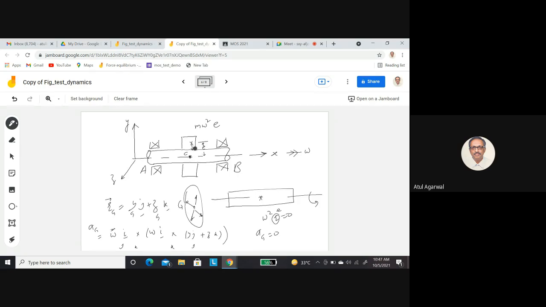Suppose at that point G was located vertically upwards. That is also possible because the shaft is spinning. For that position, this acceleration will be only downwards. So there has to be some force coming from the bearings. F is equal to mass into acceleration of the centroid.